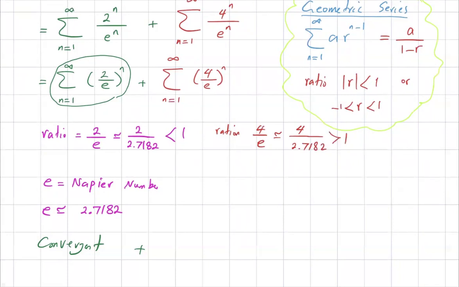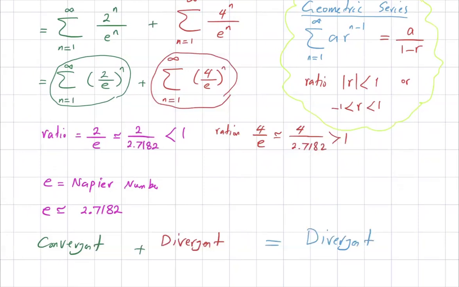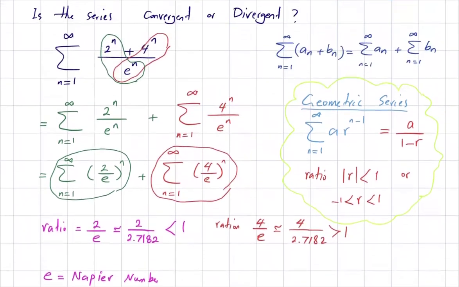So the second series is a divergent series. The sum of a convergent series and a divergent series is always divergent. So you're going to say that, hey, this series here is a divergent series, because you have the summation of a convergent series and a divergent series, so it's going to be divergent.